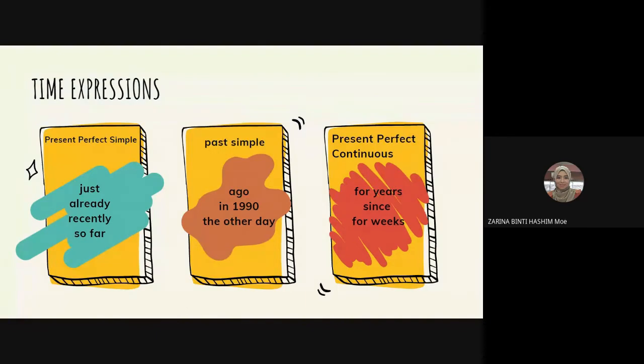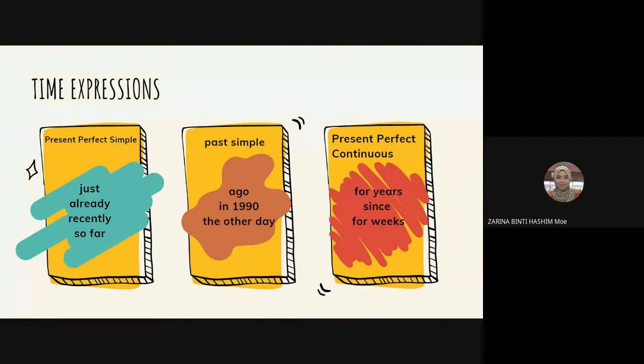Now let's go to number 8. Is there any time expression for number 8? Is it mentioned? Does it mention anywhere? He can't play squash because he's still a record.